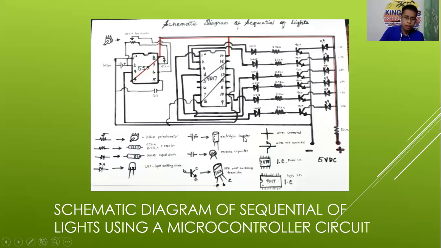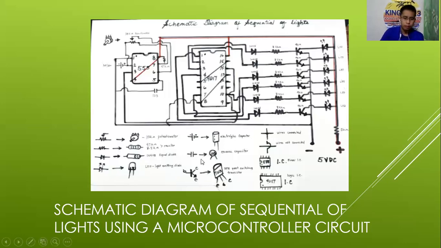Next is electrolytic capacitor. Electrolytic capacitor, if you observe, it has a negative and positive terminal. So, be careful not to reverse the polarization. If it is the positive side, put it on the positive side, and if it is the negative side, put it on the negative side.